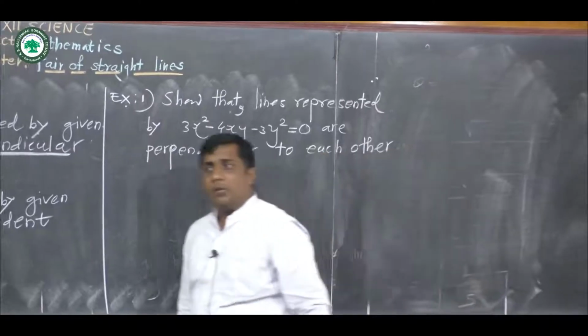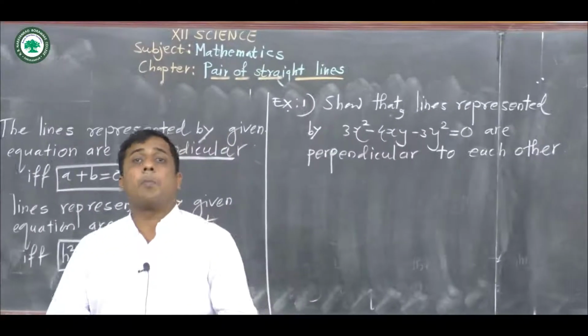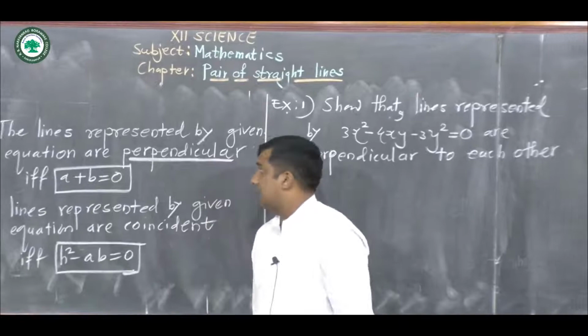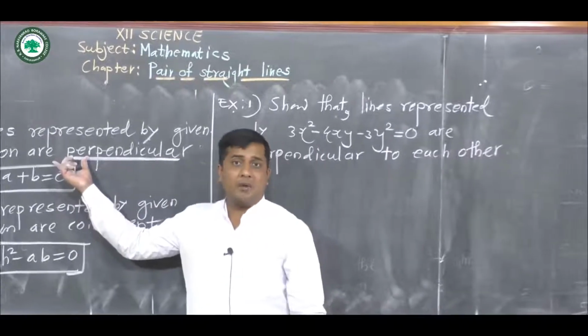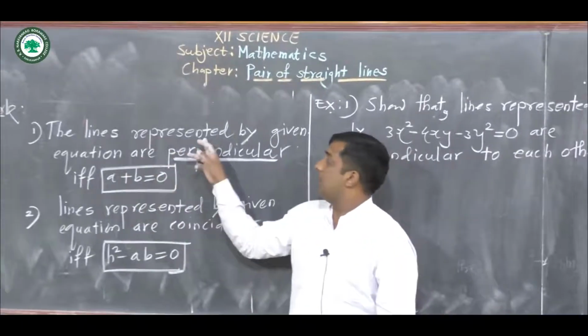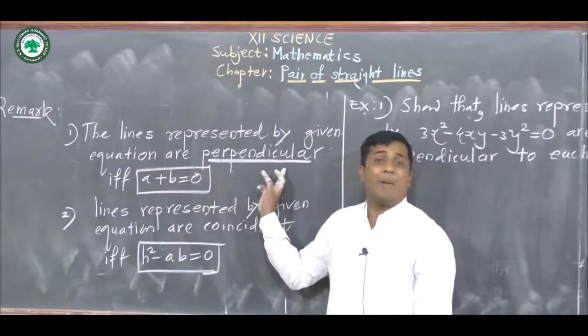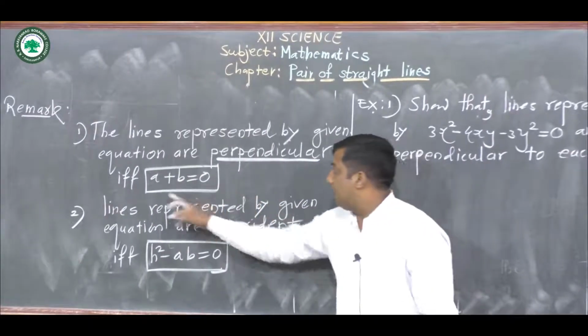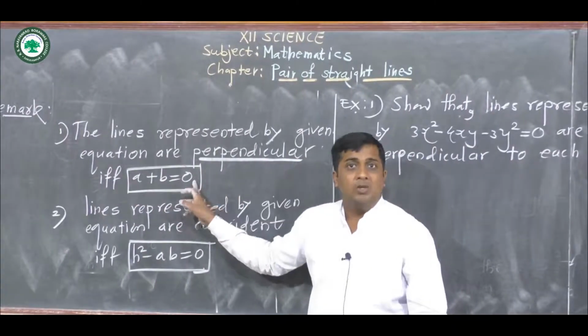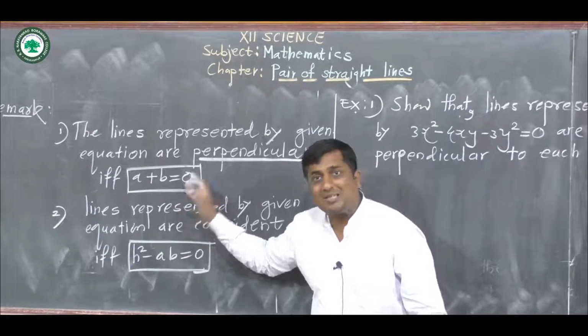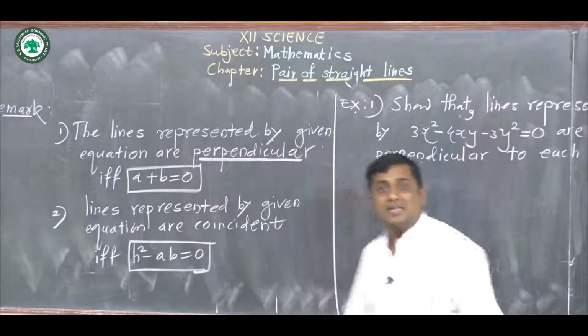Now here we consider the condition for perpendicular lines. Let us see, we consider our first remark. We know the lines represented by the equation are perpendicular if and only if a plus b is equal to 0. So we use this condition to solve this example.